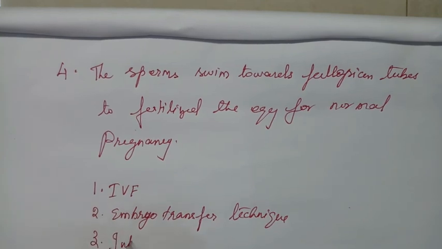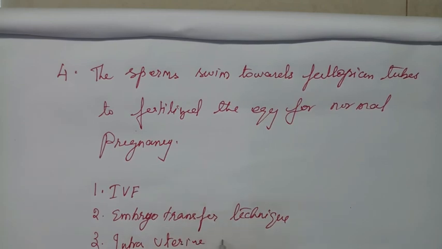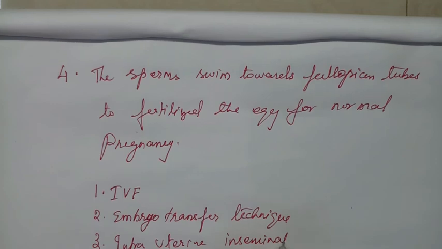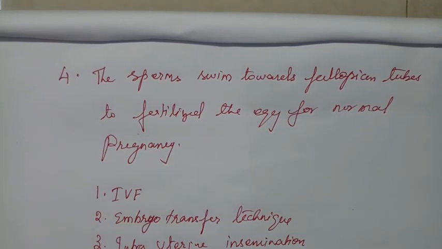Third one is intrauterine insemination. I hope all these 3 headings will be useful for your understanding and easy learning of biology. In future, we will discuss the remaining topics under the assisted reproductive technology.